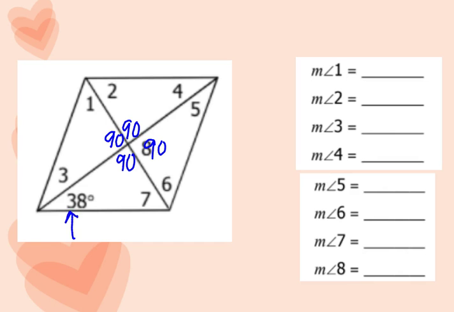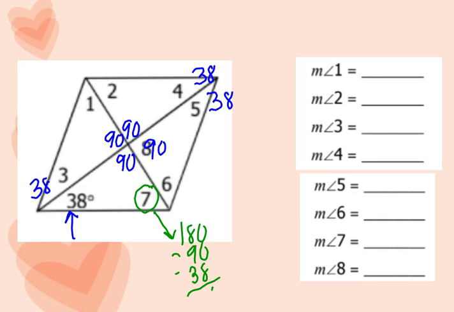Yeah, because this is being bisected, so those are the same. And then opposite angles across are the same. And now we can pick anyone that's left, right? It's easy. How would I find it? What do we get? 52.